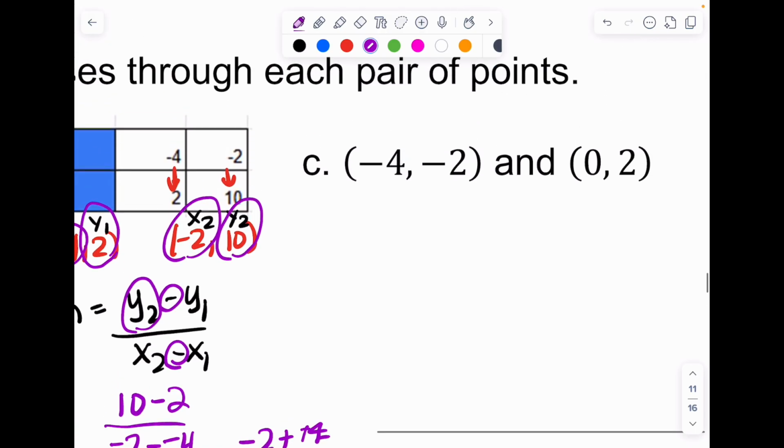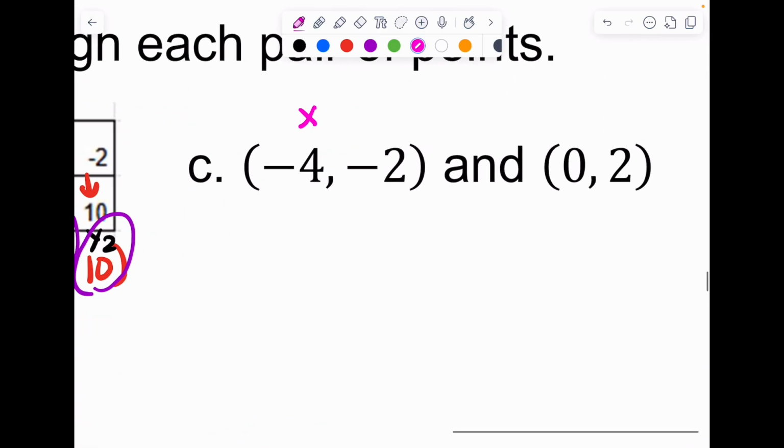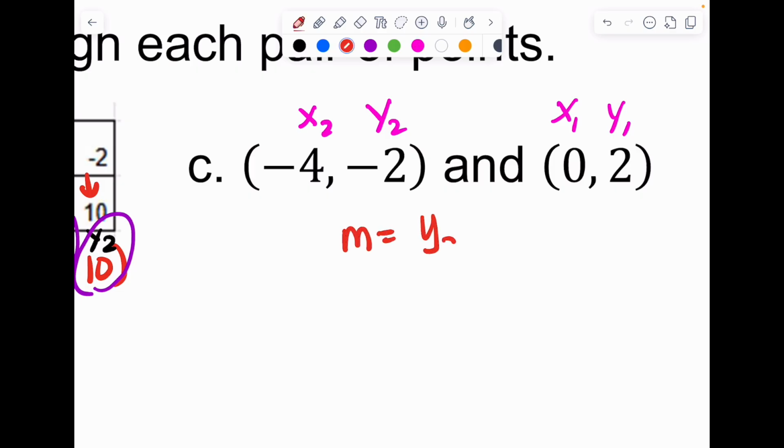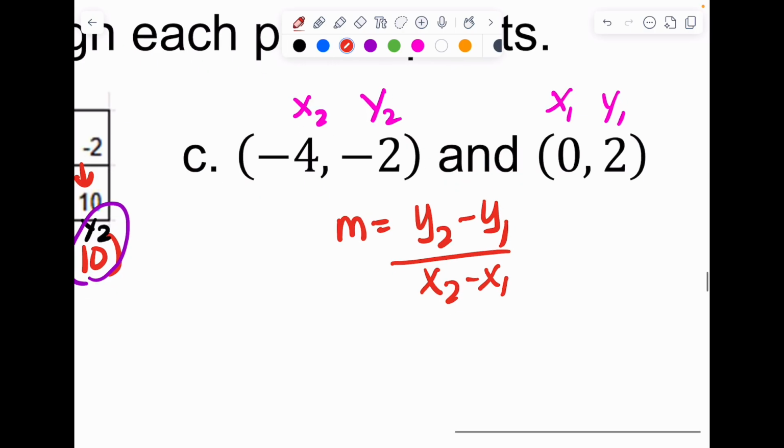Okay, let's do it one more time. So let's be wild and crazy. I can label these my x2 and then my y2. I can label this my x1 and my y1. It doesn't make a difference which pair are the ones, which pairs are the twos, as long as you're consistent. So if my slope is y2 minus y1 over x2 minus x1, let's fill in our formula.